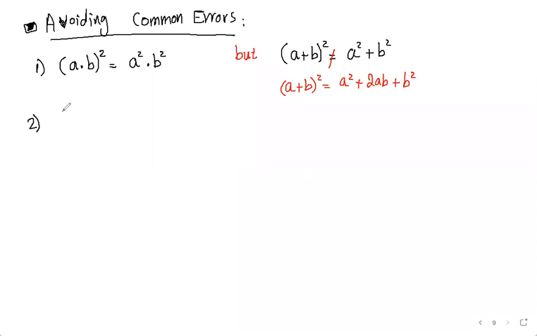Second one, the square root of A times B is equal to the square root of A times the square root of B. Does it work for addition? Can you say the square root of A plus B is equal to the square root of A plus the square root of B?